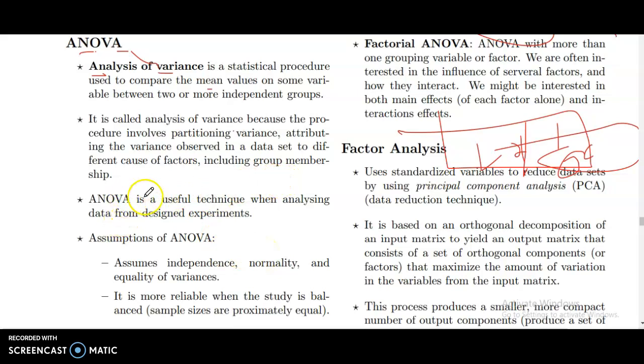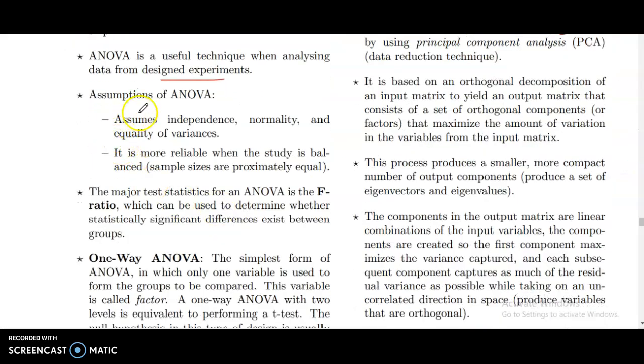ANOVA is a useful technique when analyzing data from designed experiments. Assumptions of ANOVA: it assumes independence, normality, and the equality of variance.